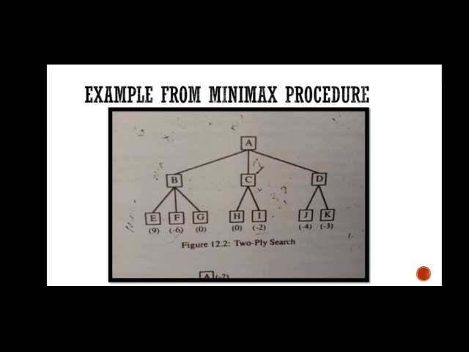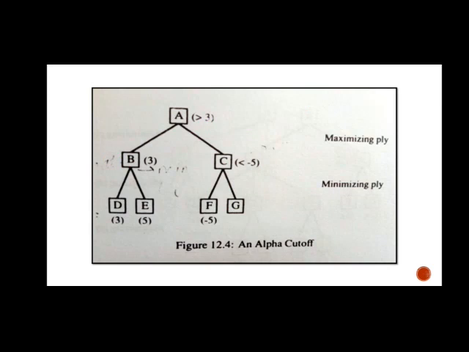Okay, then we take the example of 12.4. Here at the maximizing level, such as node A, alpha is said to be the value of the best successor that has yet been found. Notice that at maximizing levels, it is the beta that is used to determine cutoffs.